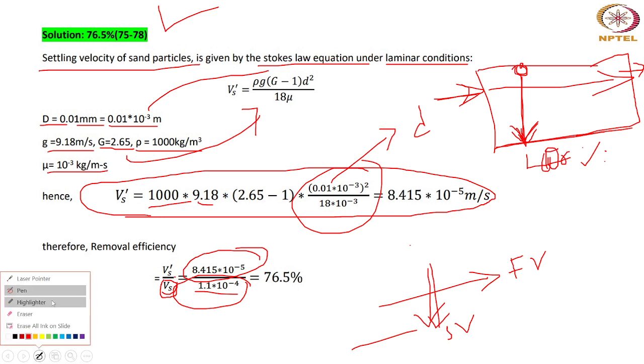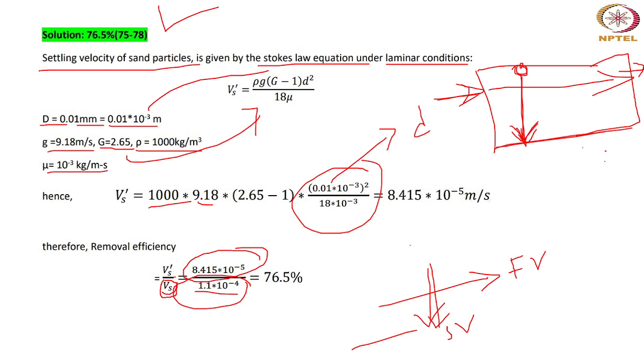The particles will not get enough chance or enough time to reach the bottom surface because the flow velocity is higher with respect to my settling velocity. But if the settling velocity is more with respect to the flow velocity, then we can get a higher percentage of removal. So that's what we are checking here.